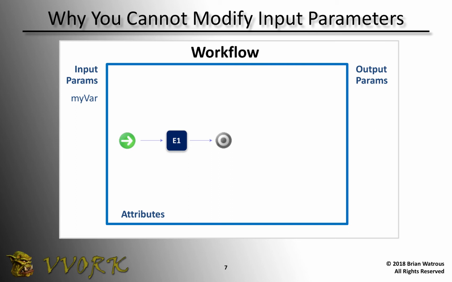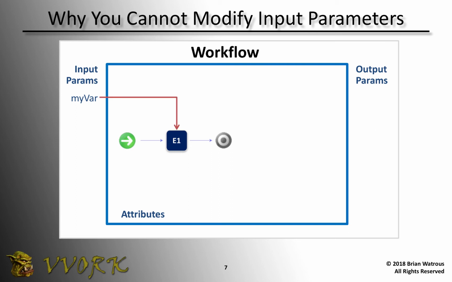Now, what you're going to be tempted to do at times with your input parameters is do things like increment the value of the input parameter. For instance, if the myvar input parameter was a number and we wanted to add 1 to that number, the first thing we're going to need to be able to do is see what the current value is that's stored in myvar. So as you already know, that would require that we have an inward binding.